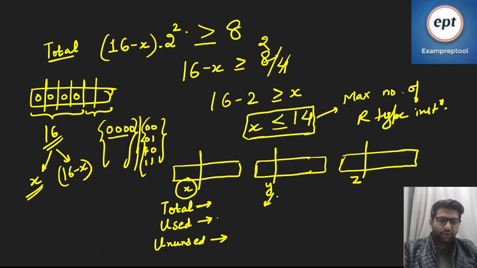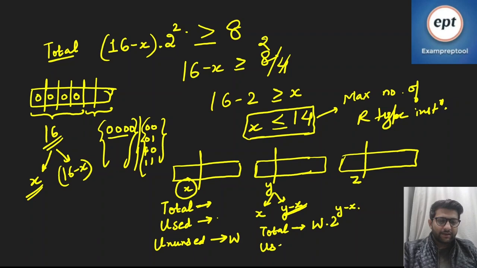Now, out of these y different bits, let's say if this was the second biggest value, then out of this y different bits, x bits have been used, then y minus x bits were remaining, right? So total will be, let's say if this unused were w, so w into 2 power y minus x, right?